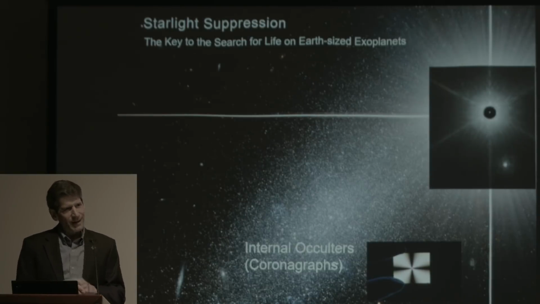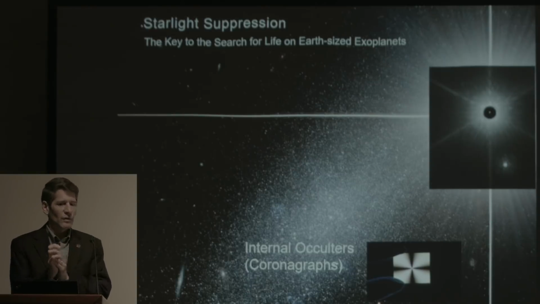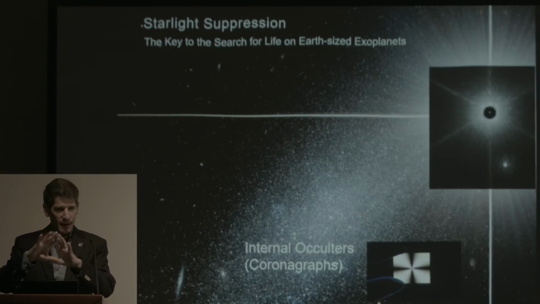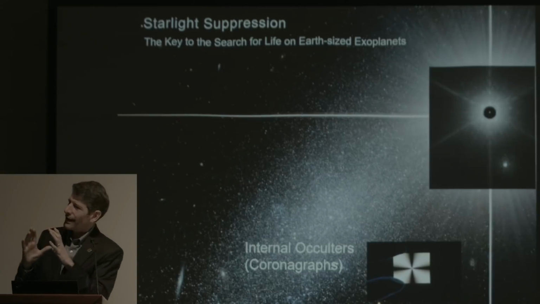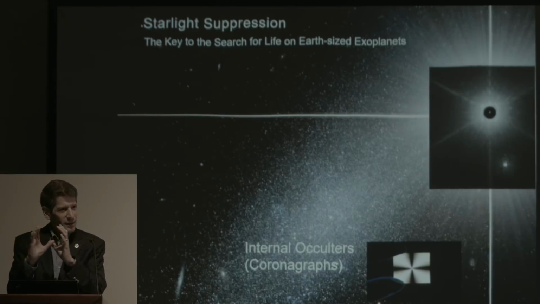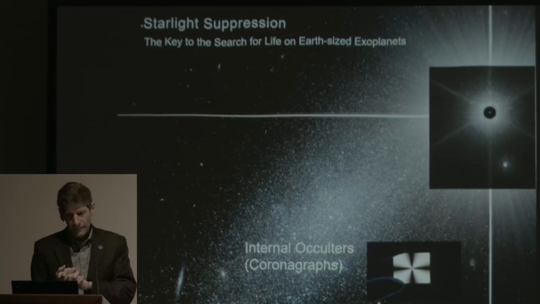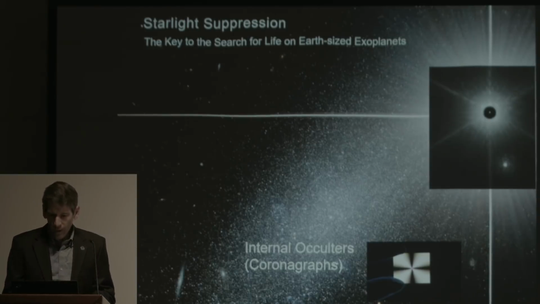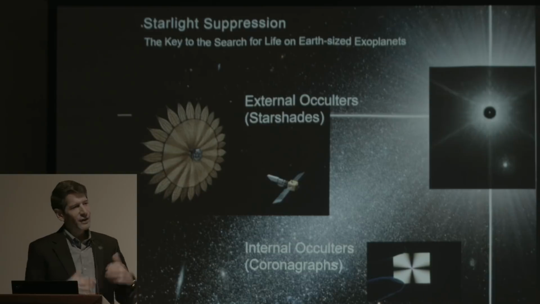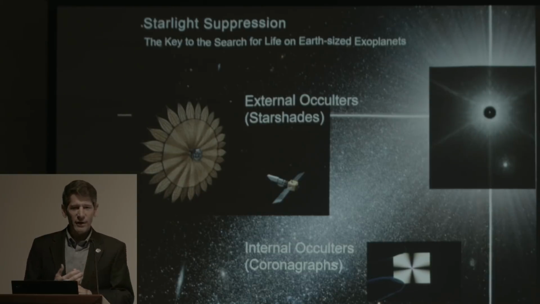What we'd like to do is to be able to look in close to the star, because coronagraphs have a limit to their inner working angle, how close to the star they can suppress and block that light. So one additional approach is to use an external occulter, or what we call a starshade.